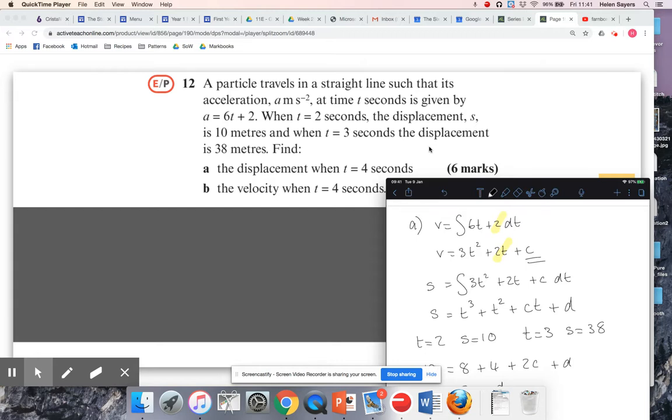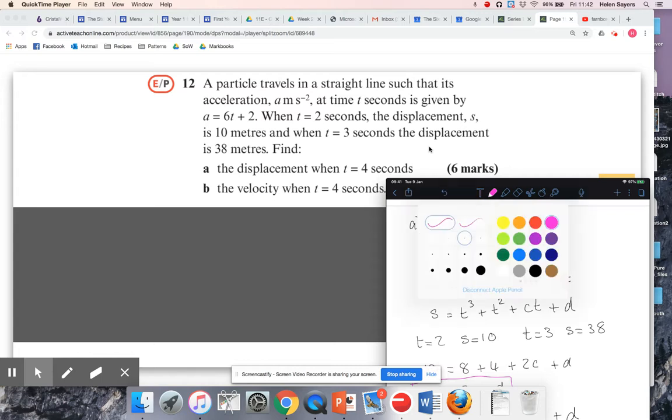And then if S is 38, that's going to be 3 cubed plus 3 squared plus 3 times c plus d. If I minus the 27 and the 9 from the 38, I get 2. So I've got just a pair of simultaneous equations.